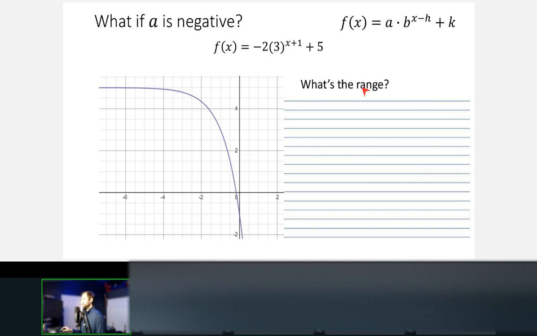Remember, range is all the y values. Looking at this graph, using the shifts that are given to us, what do you think the range is?